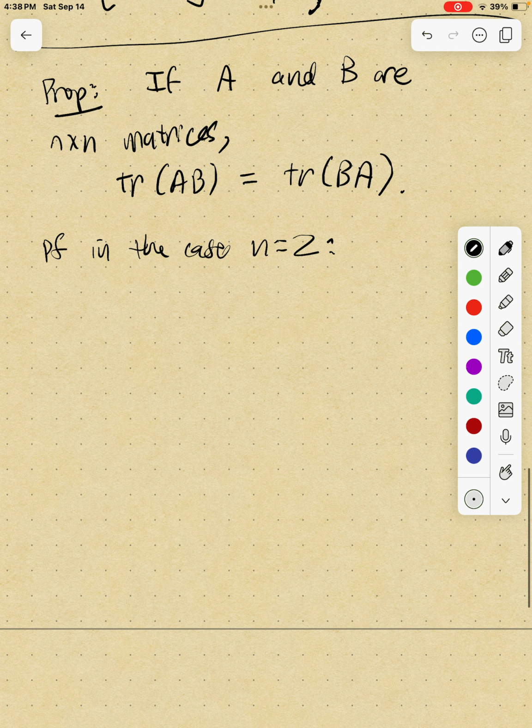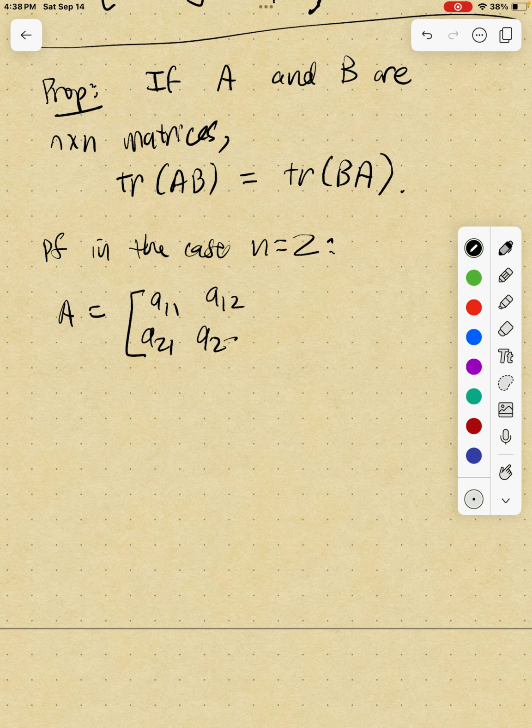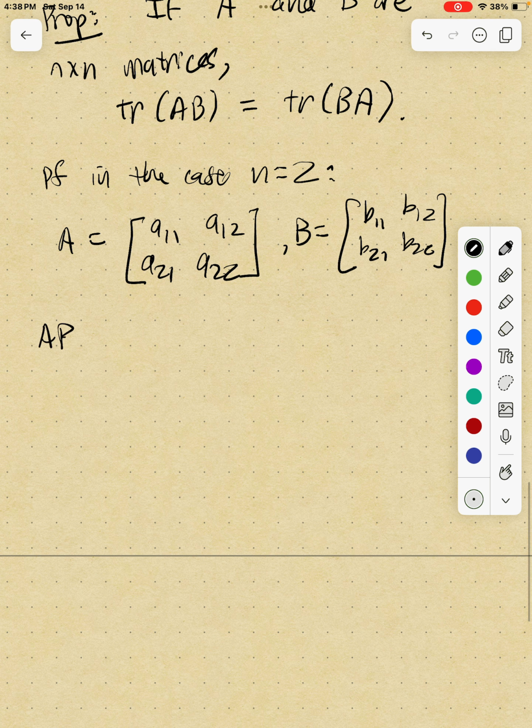So I would encourage you to either try to come up with the proof on your own or look it up in the book. But in the case of n equals 2, let's say that A is A11, A12, A21, A22, and B is B11, B12, B21, B22. Then if you do A times B, you can actually just say what the entries are.